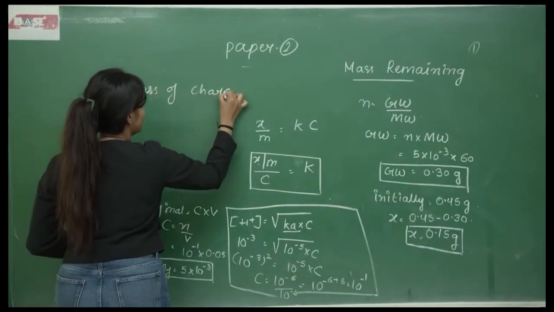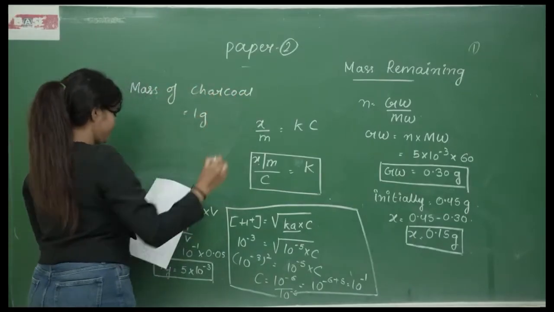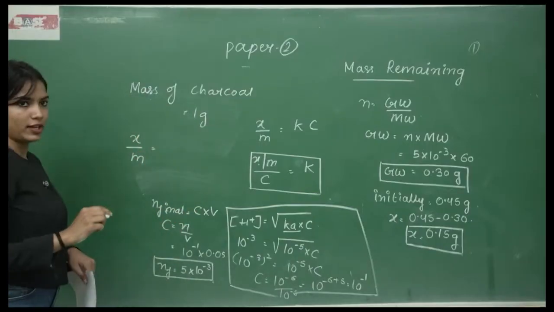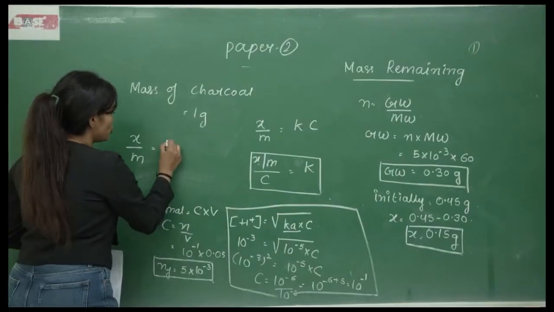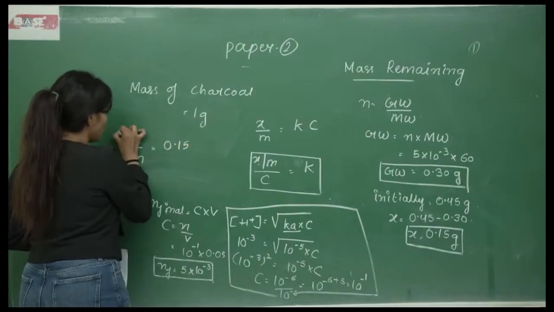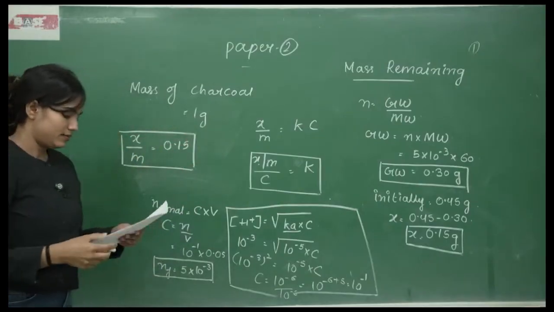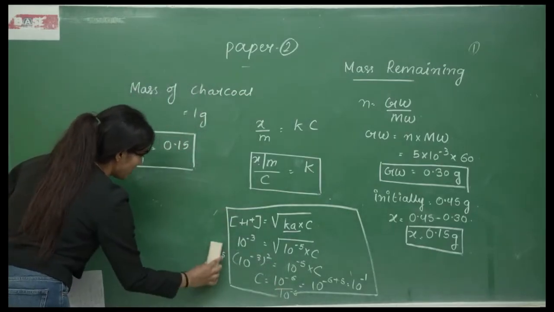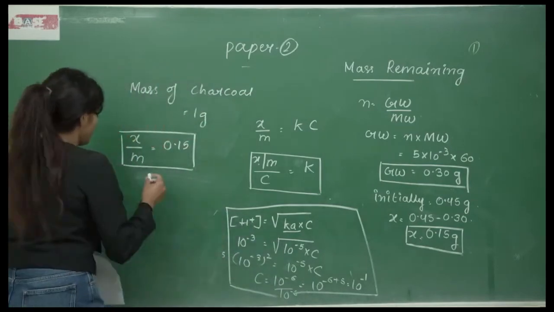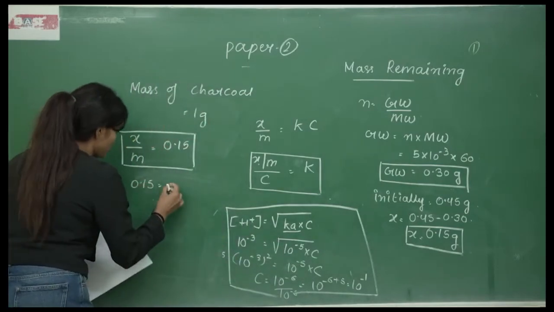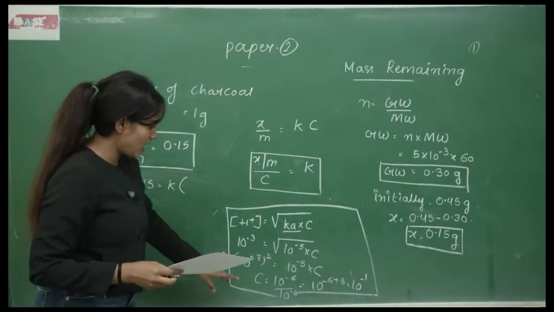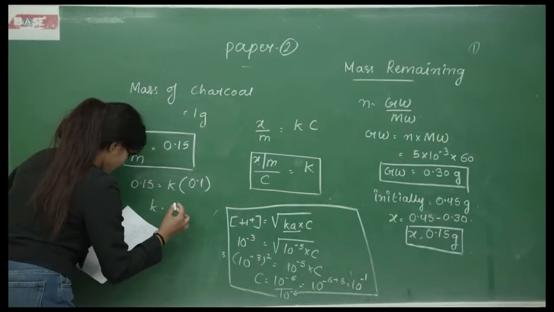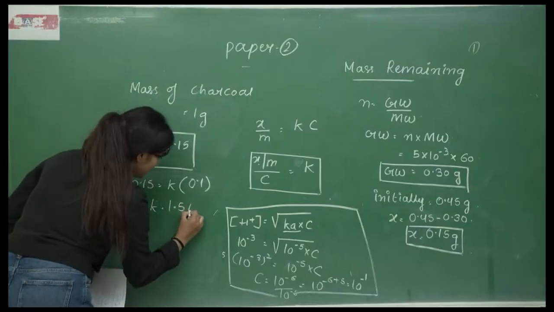The mass of charcoal is 1 gram. Now, the x by m value we have to find. The x by m value is 0.15 only. Now, we have the C value and the x by m value, so just put the values. 0.15 is equal to K into the C value we have, 0.1. So the K value we have is 1.5 liter mole inverse.